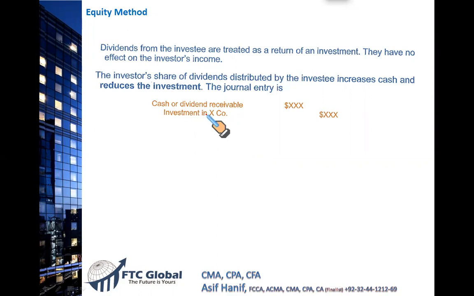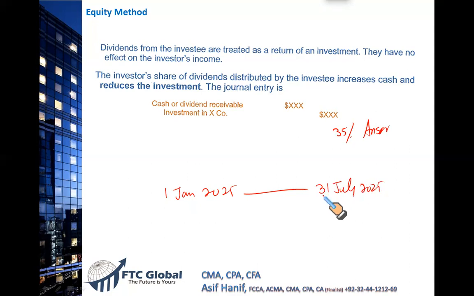Okay, now, let's say I kept a 35% investment in Ansar Incorporated from 1st of January 2025 to, let's say, 31st of July 2025. On 31st of July, I reduced my investment from 35% to 18%, or maybe nearly 20%.